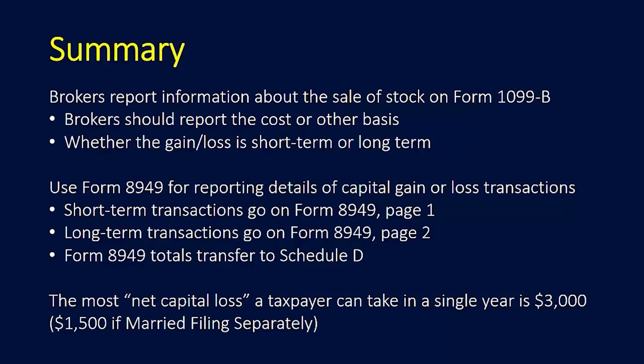Brokers should report the cost or other basis and whether the gain or loss is short-term or long-term. We use Form 8949 for reporting details of capital gain or loss transactions. Short-term transactions go on Form 8949 page 1. Long-term transactions, Form 8949 page 2. The 8949 totals then transfer to Schedule D and ultimately to the 1040.